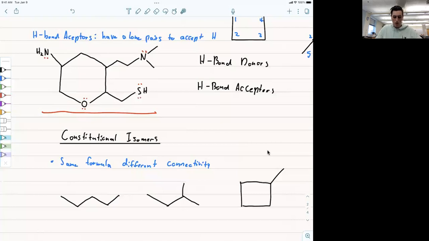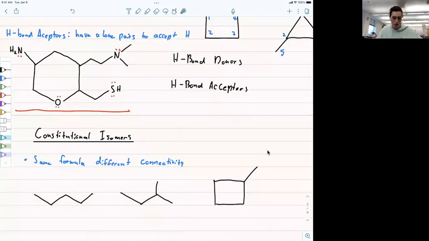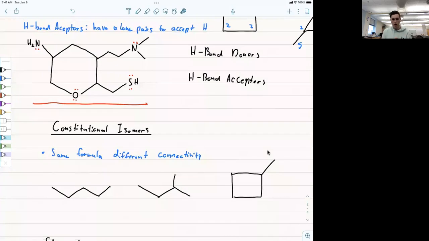So in this molecule, we're going to have a few of each, actually. As far as acceptors go, we're looking for anything that has lone pairs that it can accept. Donors will have hydrogens, and some atoms will be both. On this oxygen, this ether, every ether is going to be an acceptor only, just because the idea of an ether is having two carbons on both sides, and that's it.